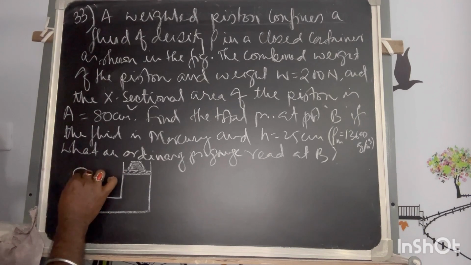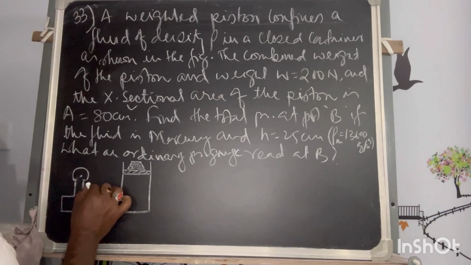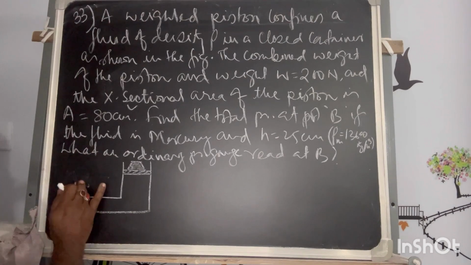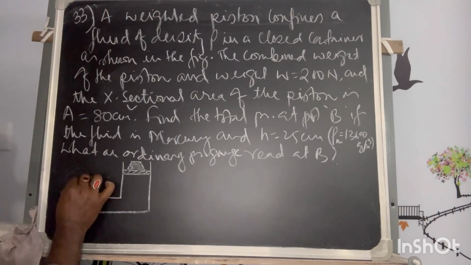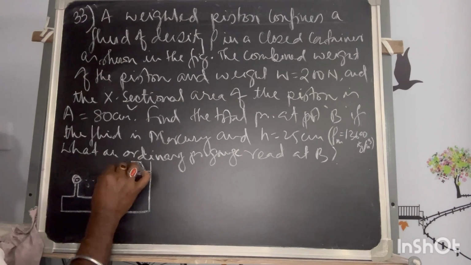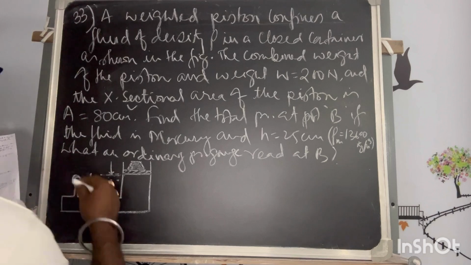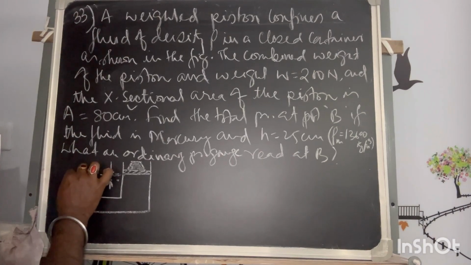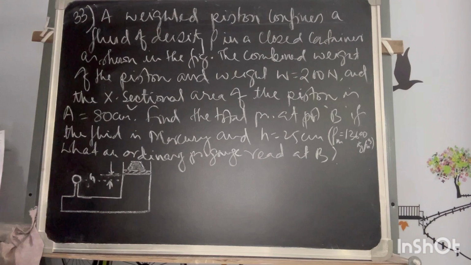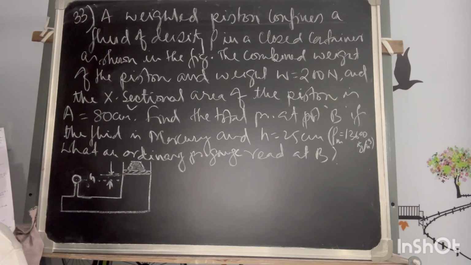This is the gauge, I suppose, given there. The center line of the gauge is not that much of high thickness. This is the gauge, and the center line, the deviation, is H. The height difference due to which the pressure is being created in the gauge. So this is the height difference, if I take from the center.